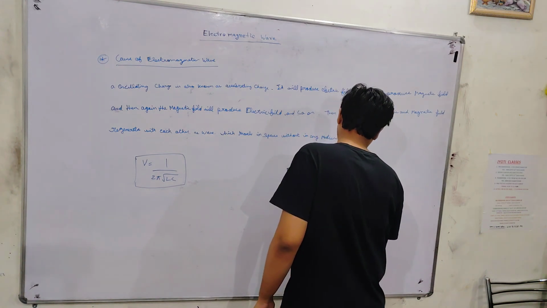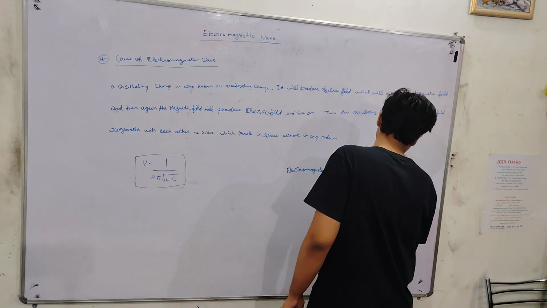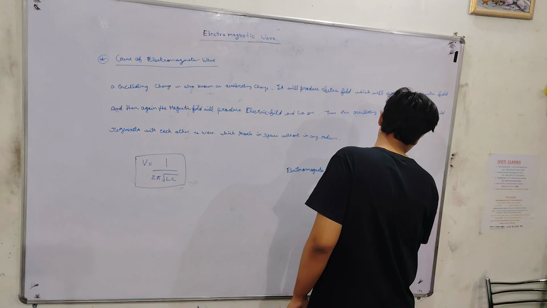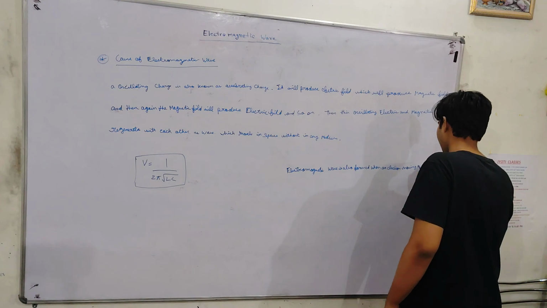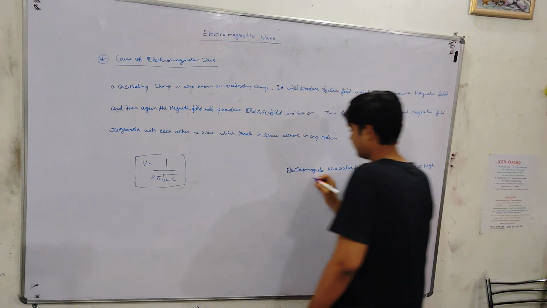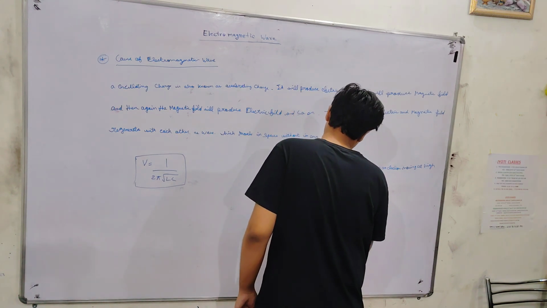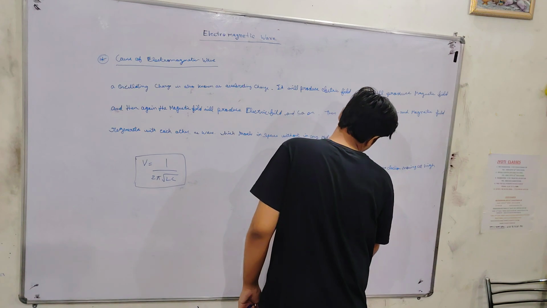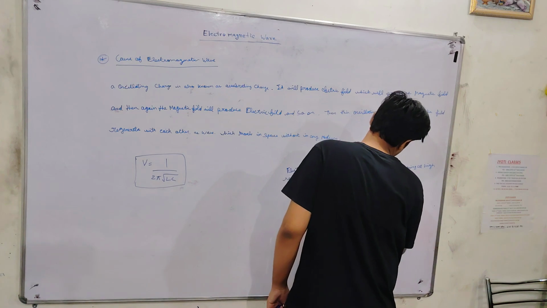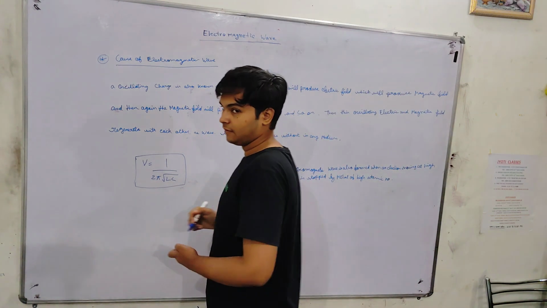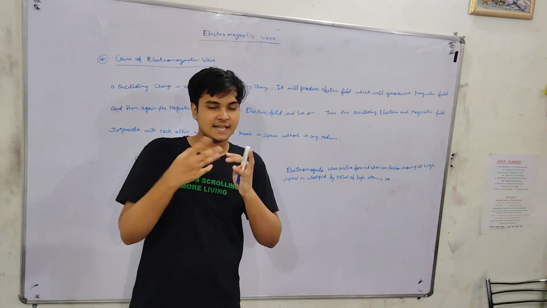An electromagnetic wave is also produced when an electron moving at high speed is suddenly stopped by a metal of high atomic number.